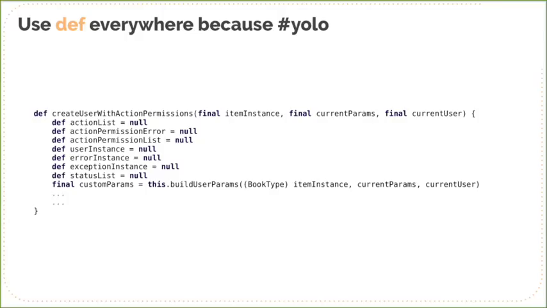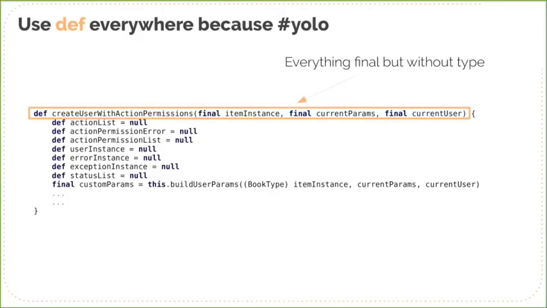This method is from a service, and as you can see in the signature, everything is final, which is good. But what about the types? We have this item instance, current params, and current user. And I can assure you that in this particular project, the item instance thing, or the original thing, remember that I renamed everything, didn't exist.